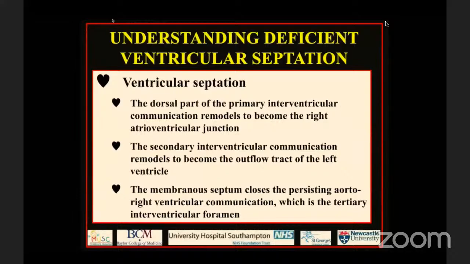And it is the variation of that tertiary foramen in terms of its phenotype, its geography, and the presence or absence of malalignment that will permit us to explain to you the variations in isolated ventricular septal defects.